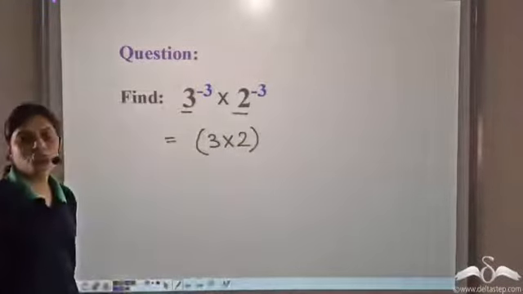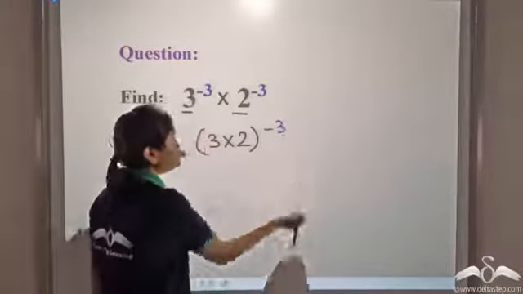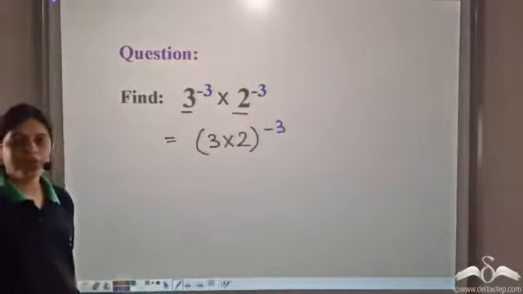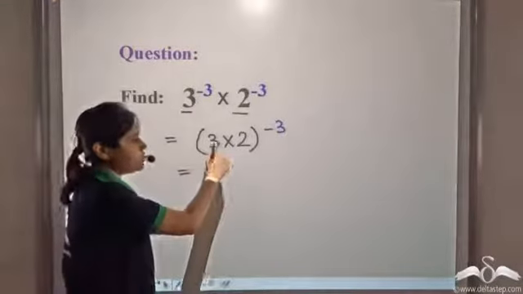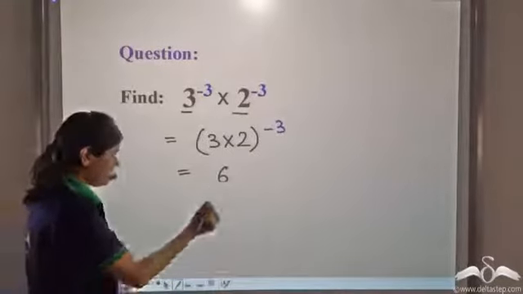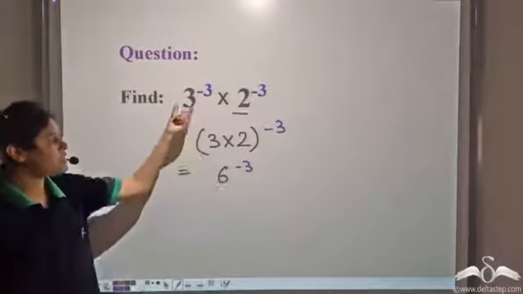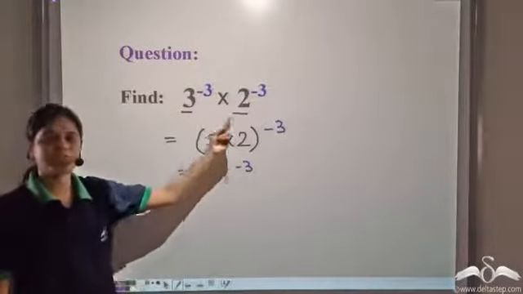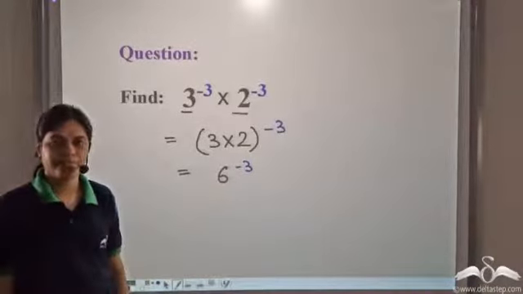So this is (3 into 2), and the power will remain as negative 3. And this is equal to 3 into 2 is 6, 6 to the power negative 3. So this is the simplified form.